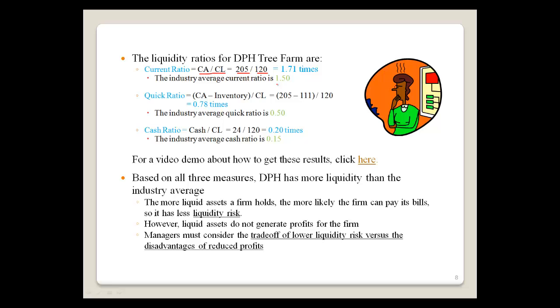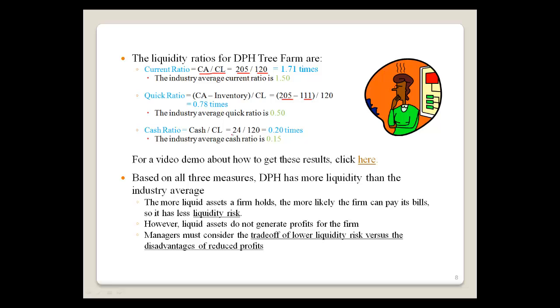Comparing to the industry average, this company's current ratio is actually a little bit higher. Now, quick ratio, you exclude inventory from all current assets, and both these numbers can be found from the company's balance sheet and divided by current liabilities. So quick ratio is about 0.78 times, a little bit higher than the industry average.